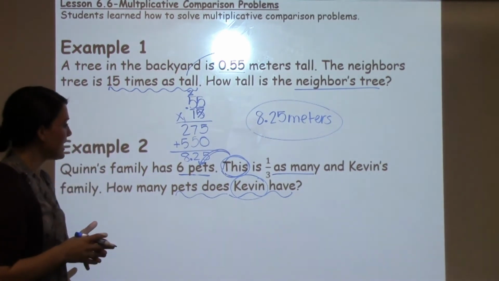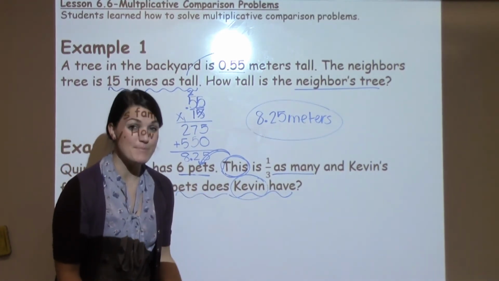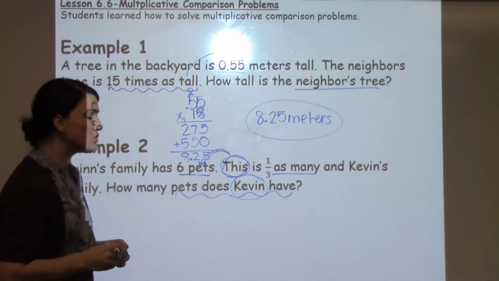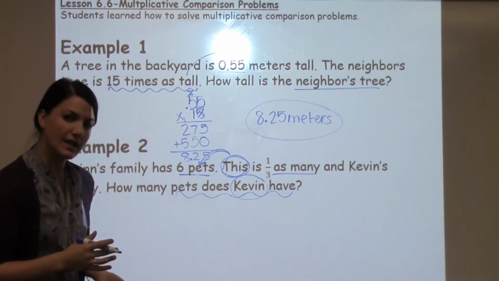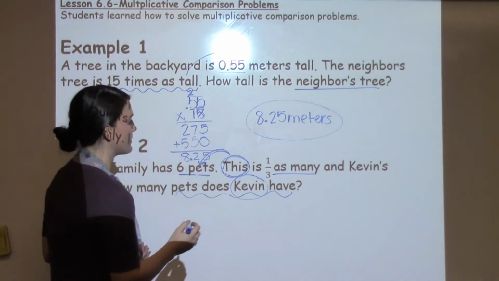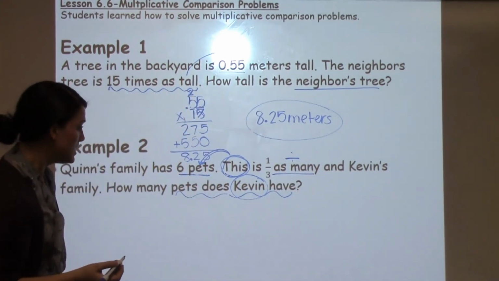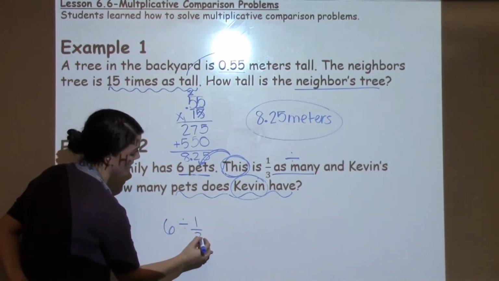When I'm working with a whole number and fractions, actually the opposite occurs. If I were to multiply these numbers, I would actually get a smaller answer. So I don't want to multiply. As many helps us know that we want to divide. So I'm going to take 6 divided by 1/3.